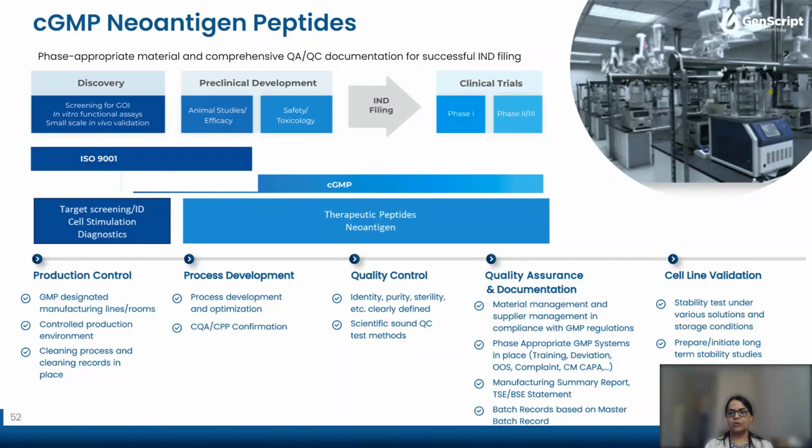helps to identify the synthetic difficulty and recommend the best synthetic technology for that specific peptide. As GenScript, we have the expertise and technical capability to synthesize challenging neoantigen peptides in large quantity, and are able to provide customized optimization tools for your downstream application.